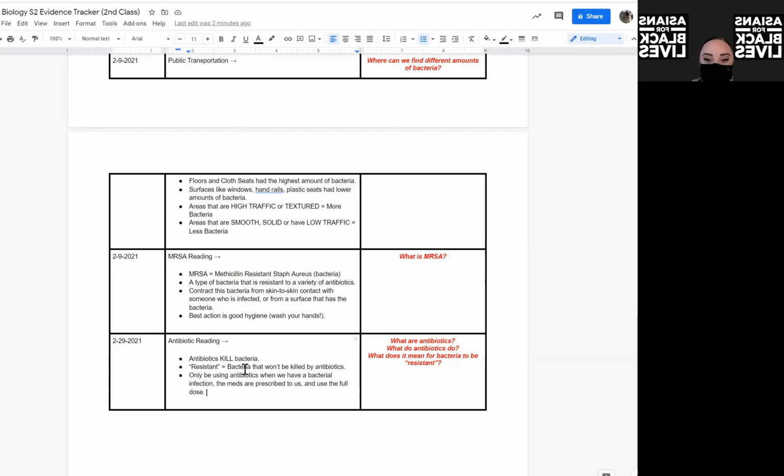Okay. But actually, the best way to just kill bacteria is what? You do it all day, every day. How do you get rid of and kill the bacteria on your body every day?